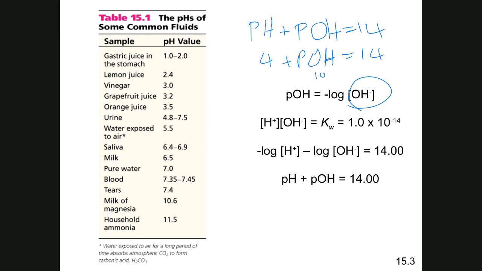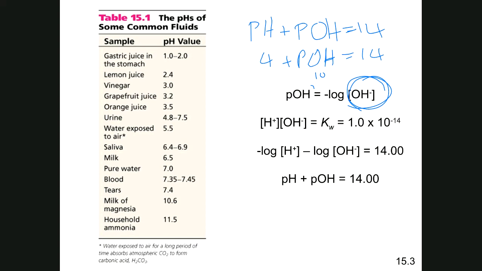So basically you can calculate the pH if you have pOH, and if you have the pH, you can calculate the pOH. If you have concentration of the hydroxide ion as well, you can calculate it. If you don't have the concentration, you have your pH, you can calculate it.